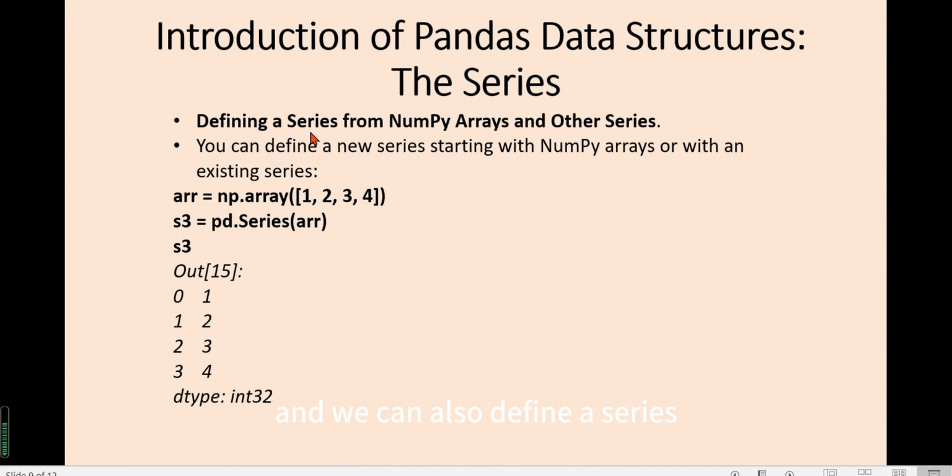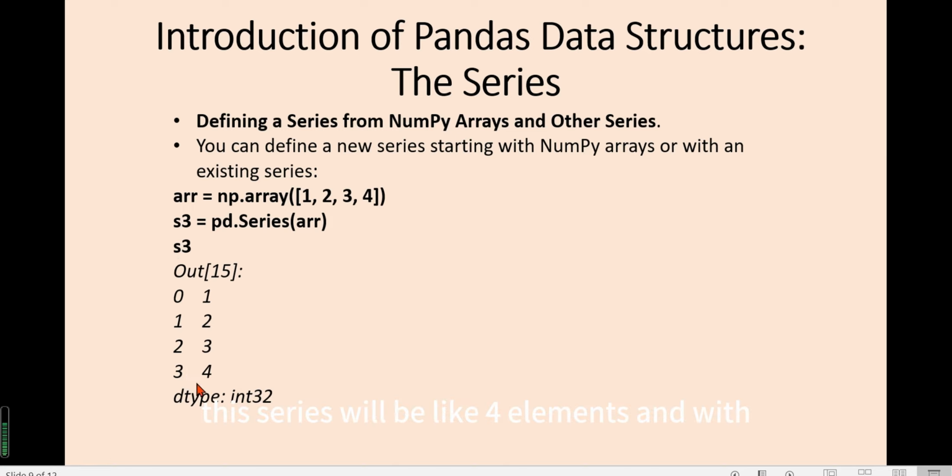We can also define a series from NumPy arrays and other series. You can define a new series starting with NumPy arrays or with an existing series. For example, arr is a NumPy array, and we can create a series, and in parentheses we assign this NumPy array.